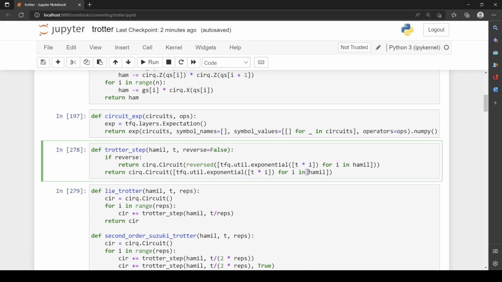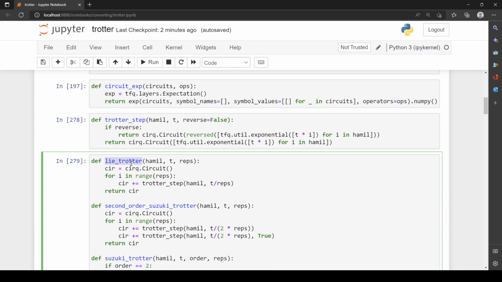We have our Hamiltonian, which is a sum of terms, and we're approximating it by concatenating, which in a circuit is the same as multiplying these operations. So i here is our single component Hamiltonian term. Reversed simply is used for the Suzuki-Trotter where we want to reverse it, going from n to 0 instead of from 0 to n.